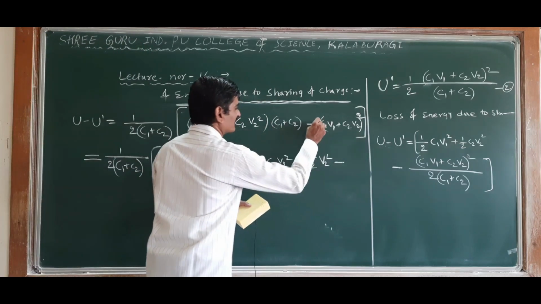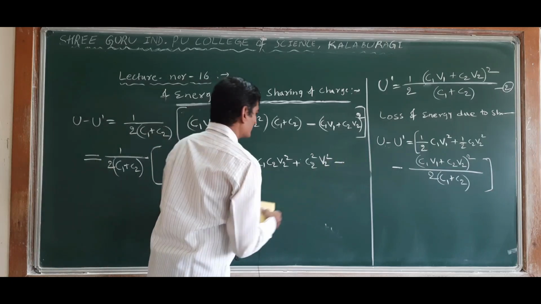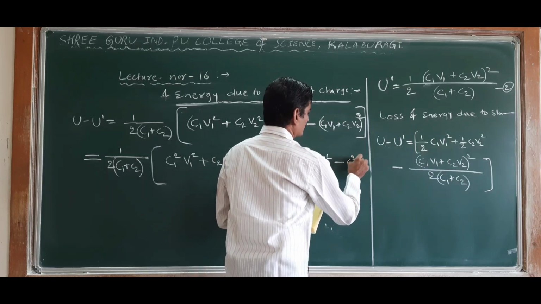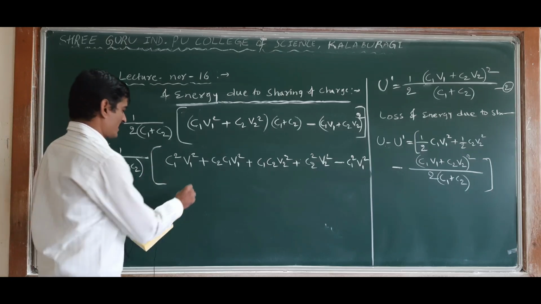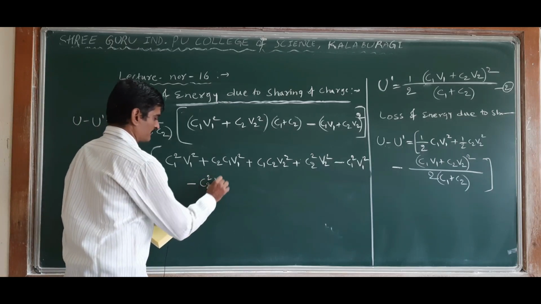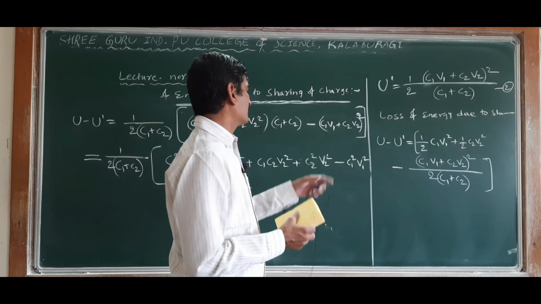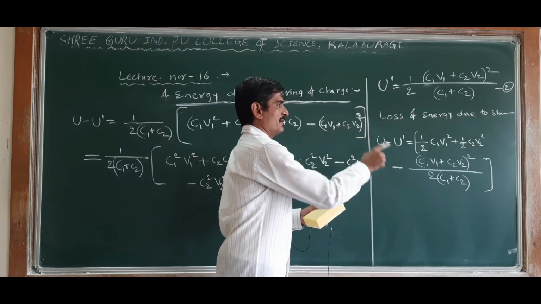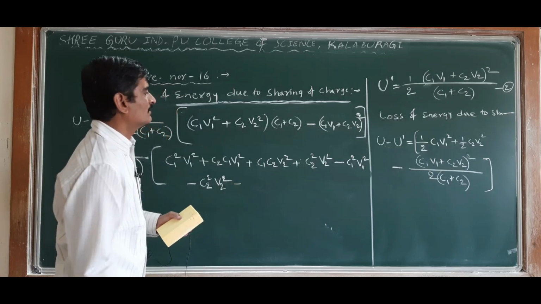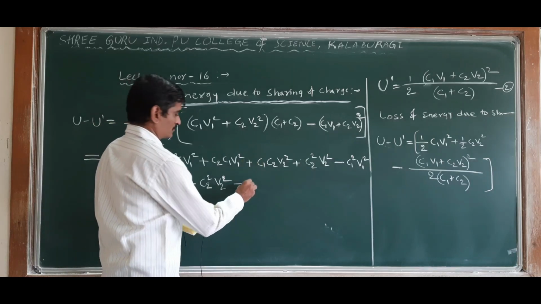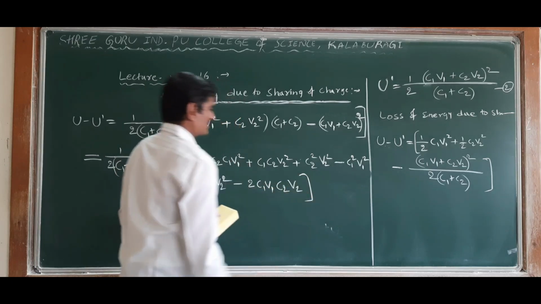But here a minus is there, so you will get minus A square, that is minus C1 square V1 square, minus B square, that is minus C2 square V2 square, then minus 2AB, so minus 2 C1 V1 C2 V2, right?